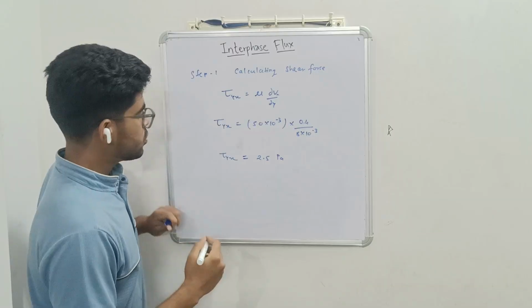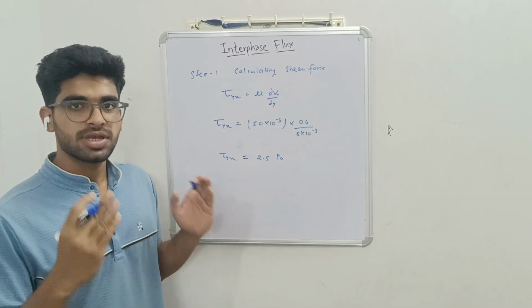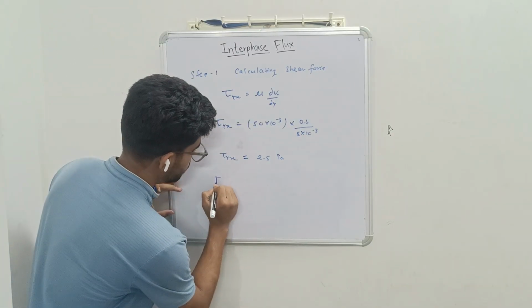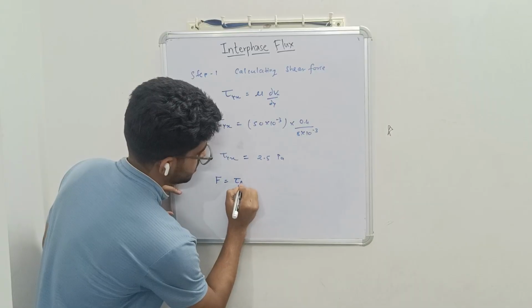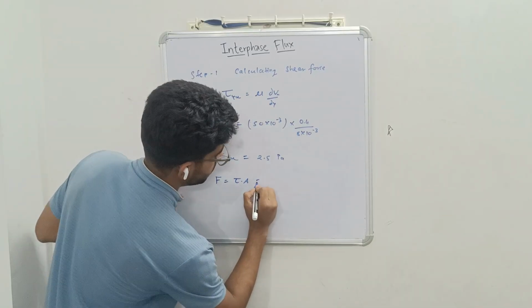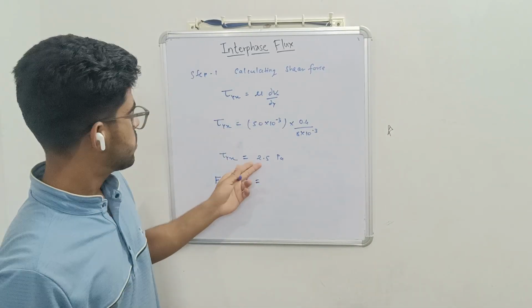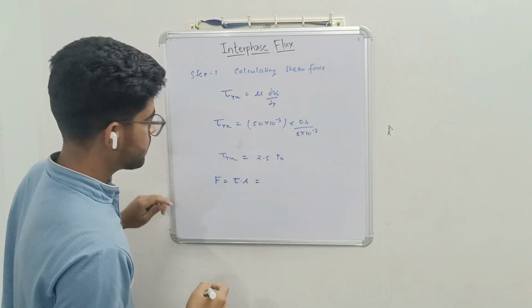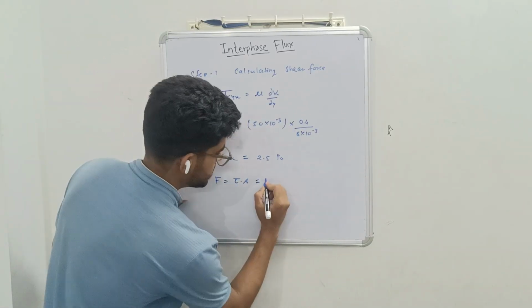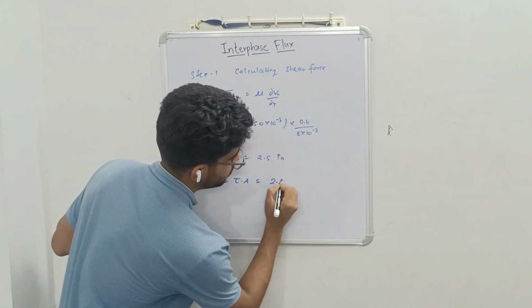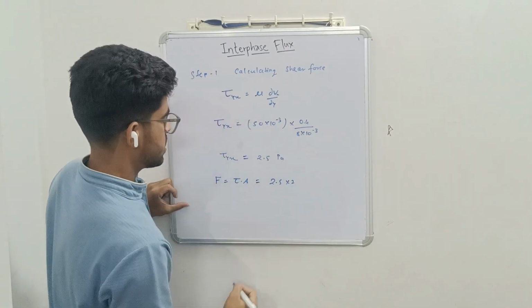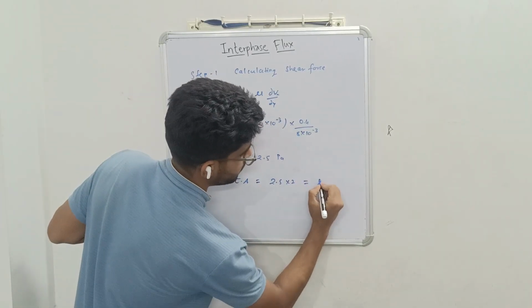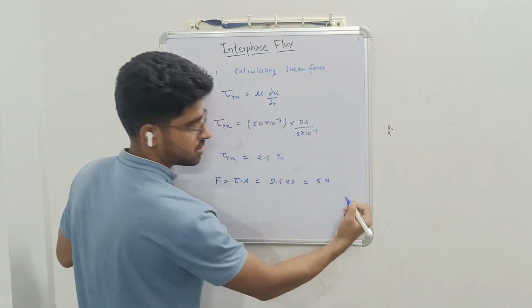Now we are moving towards the main part of our question, that is measuring the force, and the force is equal to tau into area. Tau we found above, and the area is given in the previous data, that is 2 meter square. After solving this, we get the force, which is 5 Newton.